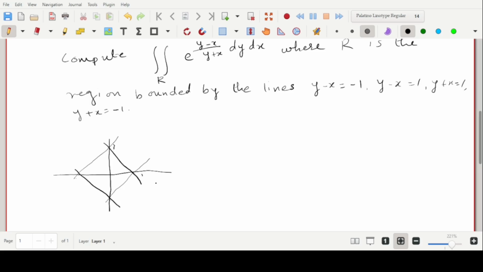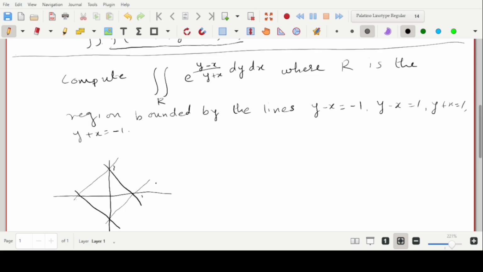So it is this diamond shape that is R, and we have to integrate this function over R. Now you see that this function is not so easy to integrate, whether you integrate it with respect to y first or with respect to x first.